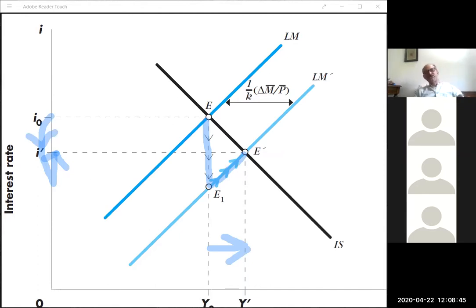So the fact that the money market is adjusting quickly, whereas the goods market is adjusting slowly, is not an innocuous thing. It has a very severe impact on the real economy, in terms of the dynamics of the real economy.